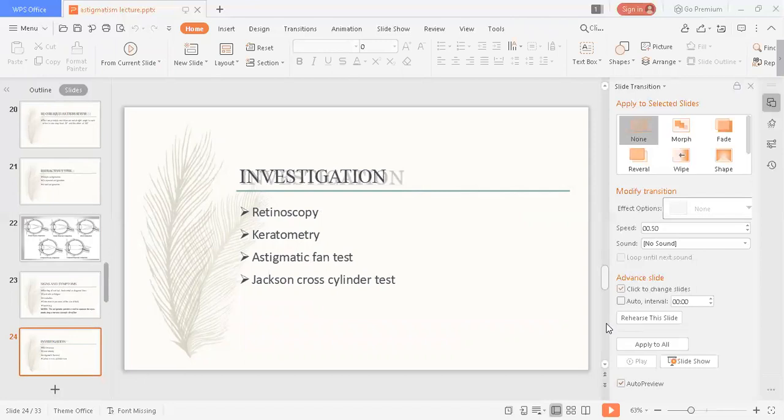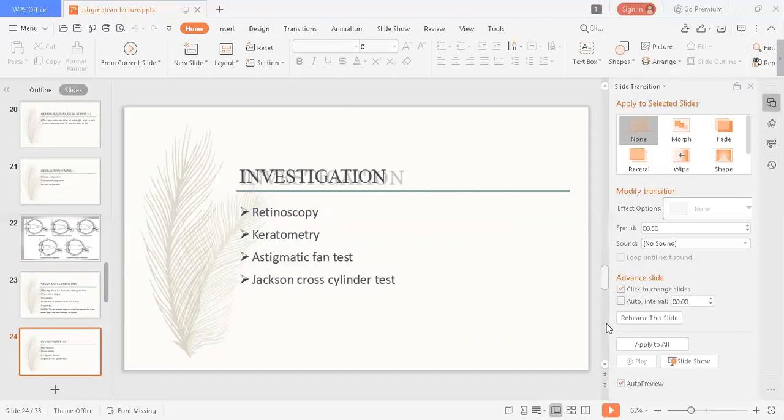So how do we check whether the patient has got astigmatism or not? As with any other refractive error, there are two ways by which we can do refraction. Refraction means testing of glasses. One is the objective way and the other is the subjective way.